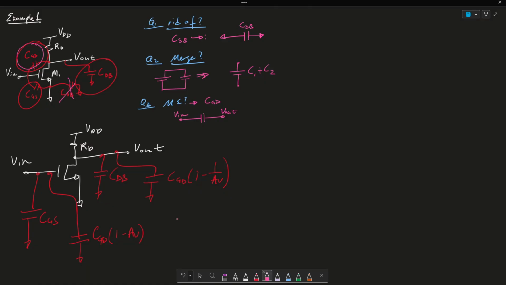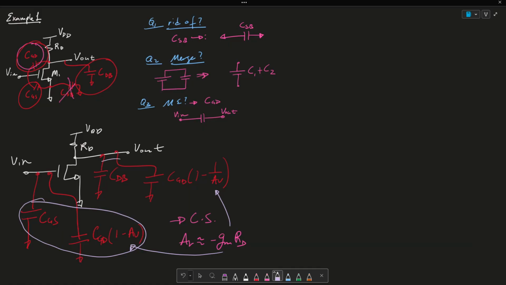From my video on common source, we found out that AV is approximately minus GMRD for a common source amplifier. So we can plug this in for AV, and we can combine these because they're in parallel. Let's do that over here to the right-hand side.